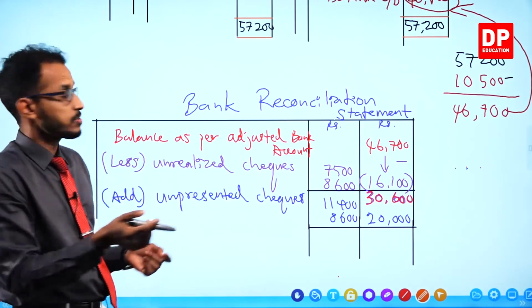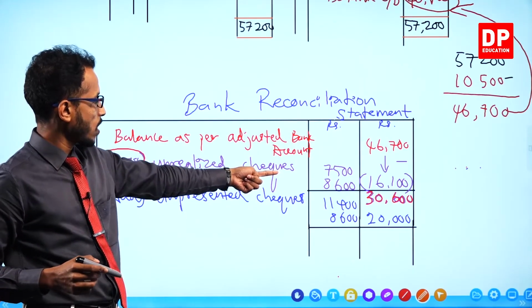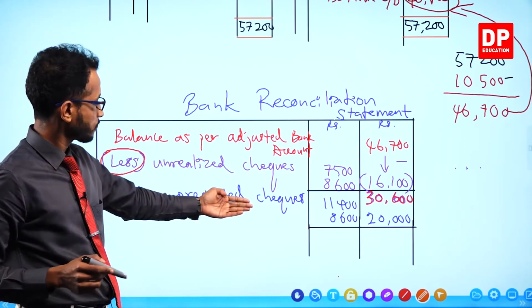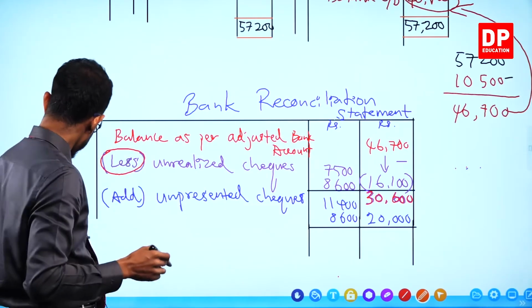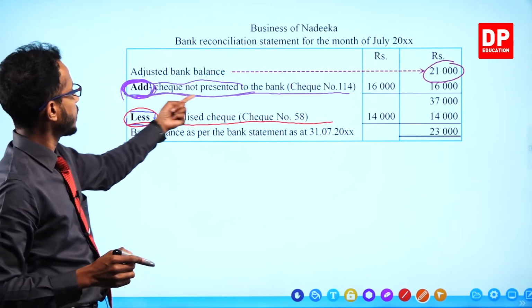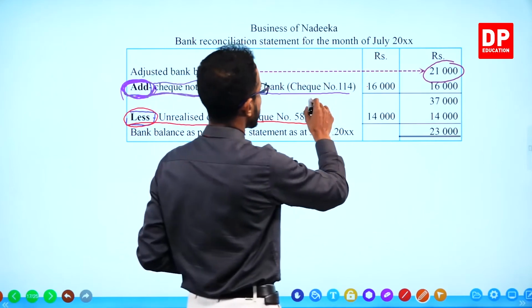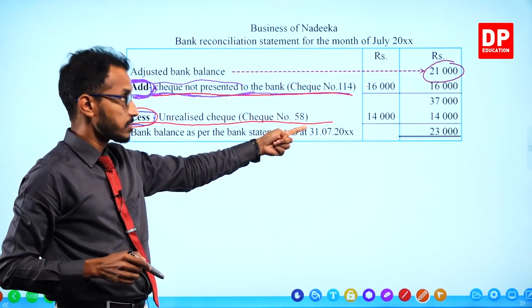Now, some children must be wondering, sir, why are you doing the subtracting here on top and adding unpresented checks at the bottom? In the book, it says the adding of unpresented checks is done first, then only you subtract unrealized.